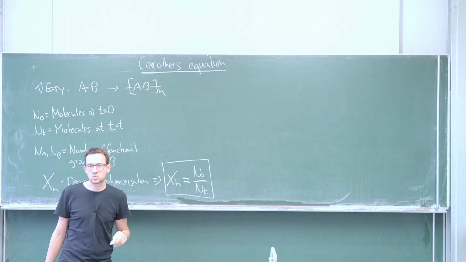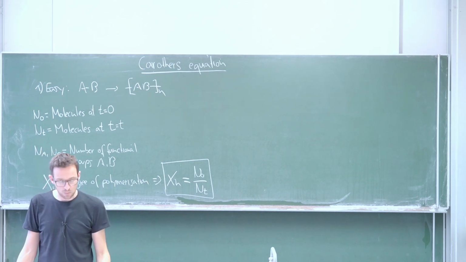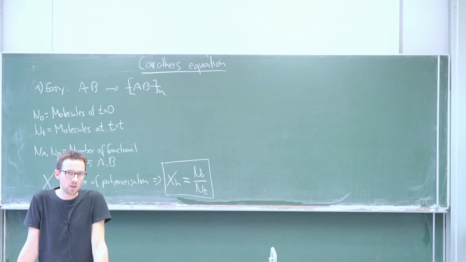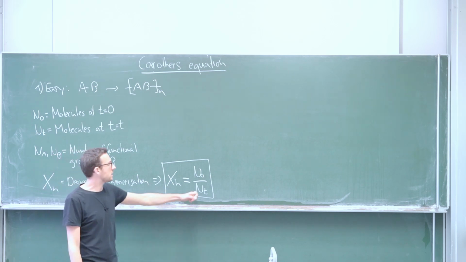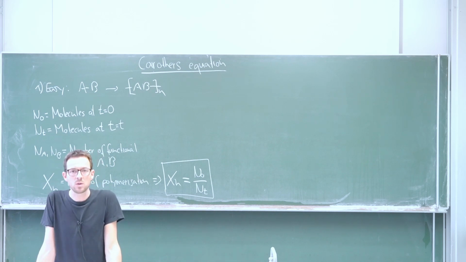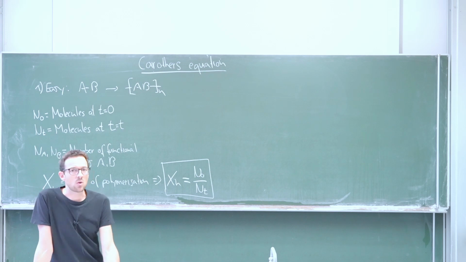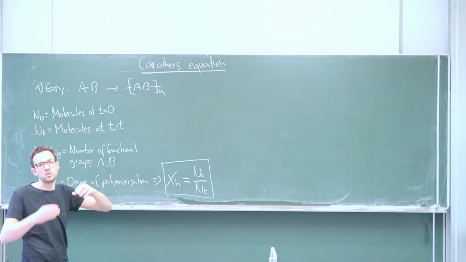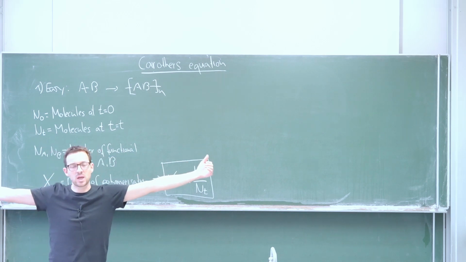So what kind of assumption is this? I mean, we can make a very simple sanity check. In the beginning, we would expect that we don't have a polymer. And in the beginning, Nt would equal N0. So the average degree of polymerization would be 1, which means no polymer formed. That's okay. And let's say we are very good chemists and we drive our reaction to perfection. That means that all monomers have been converted to one single long polymer chain.